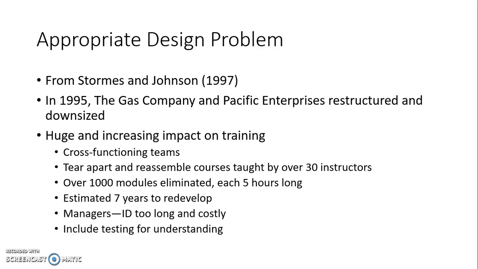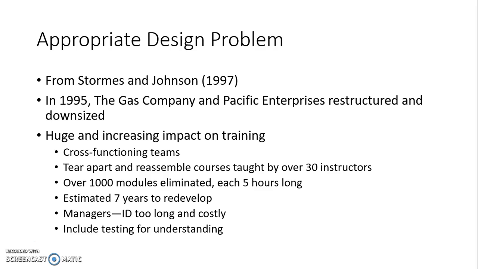Just as an example, Storms and Johnson worked on this project for the gas company and Pacific Enterprises when they restructured and downsized. Now this had a huge and increasing impact on the training because now teams were cross-functioning, had multiple roles. So this instructional design team had to go through, tear apart, and reassemble courses that were taught by over 30 instructors over many, many years.